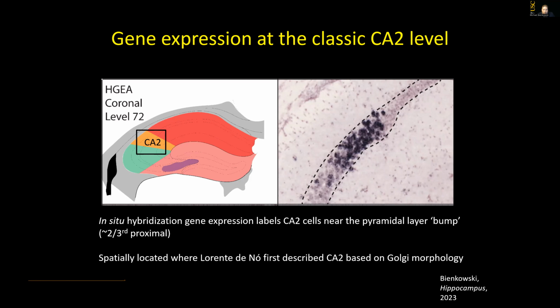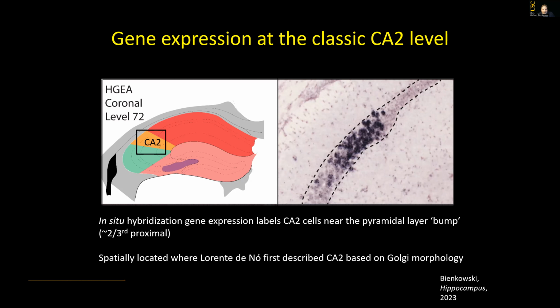When you look at some of the gene expression markers for this, as Tristan showed, there is some variability in where in this bump they go. To me, I often see it starting at about the two-thirds proximal point of the bump and then extending down towards the CA3.